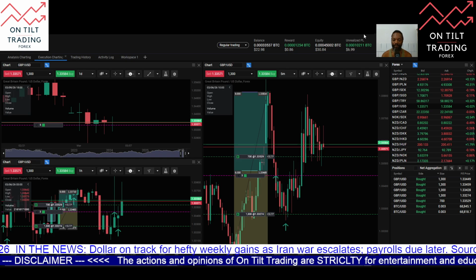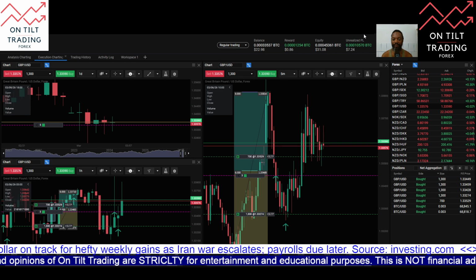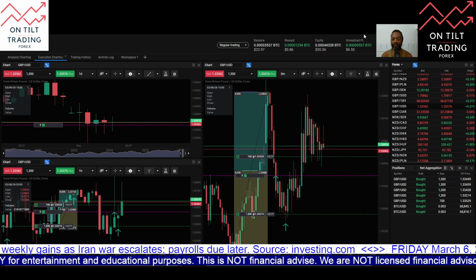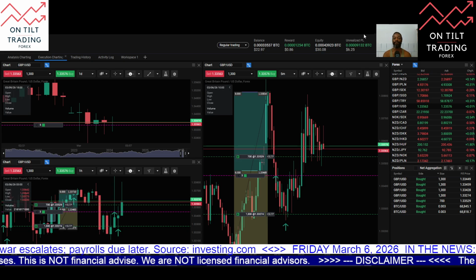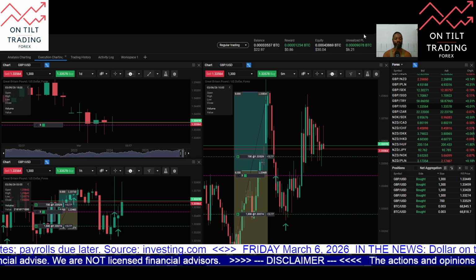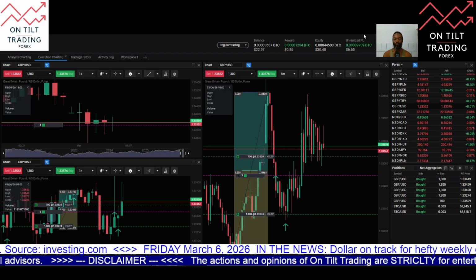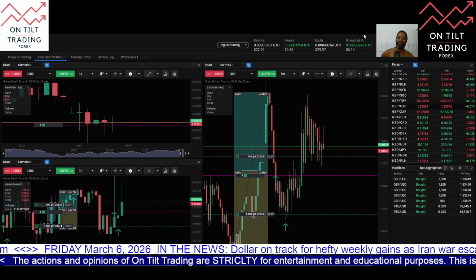So seemingly every time pound dollar makes a move to the buy side, it is quickly swept down to the sell side. So very, very choppy price action here.